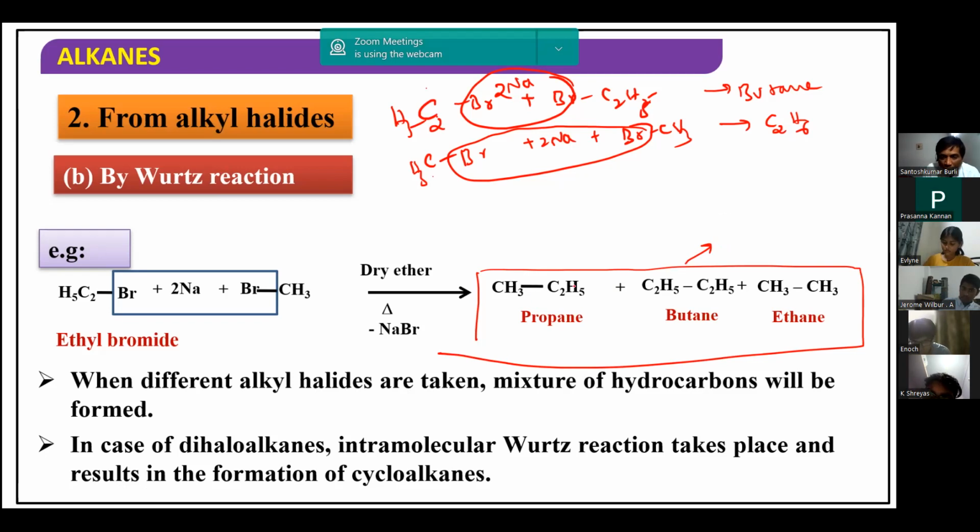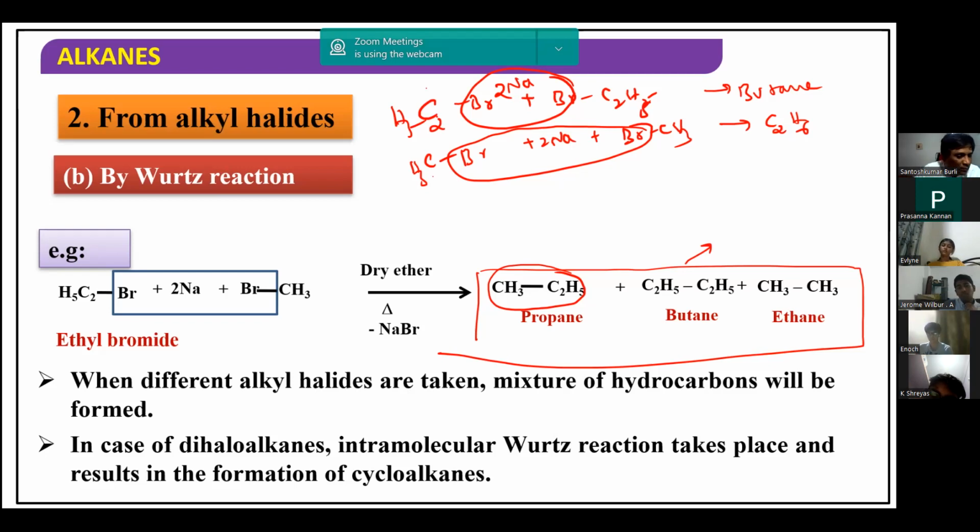No doubt we have prepared an alkane containing an odd number of carbon atoms, but we have not prepared it alone. We have prepared it along with some other alkanes also. Therefore, it is not advisable to use this method for the preparation of alkanes containing an odd number of carbon atoms, and it is advisable for preparing alkanes of an even number of carbon atoms.